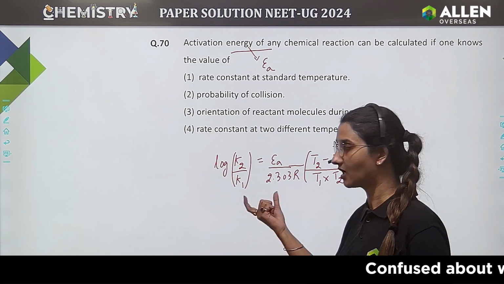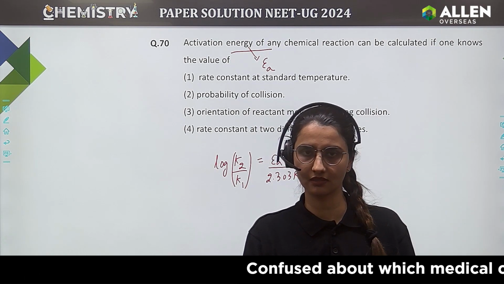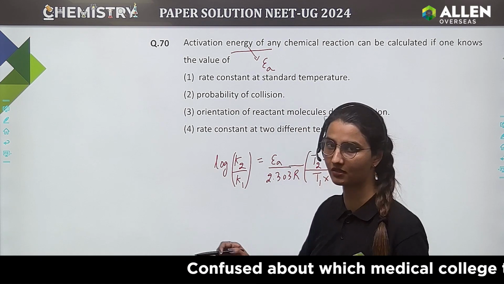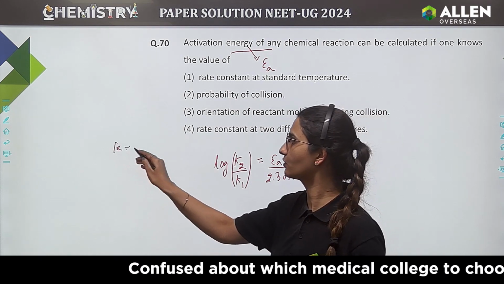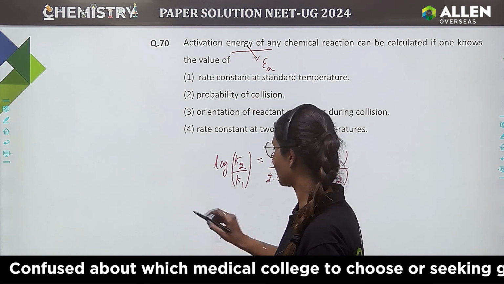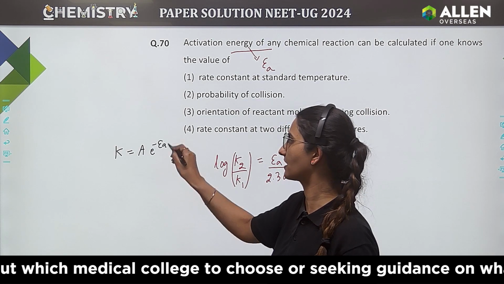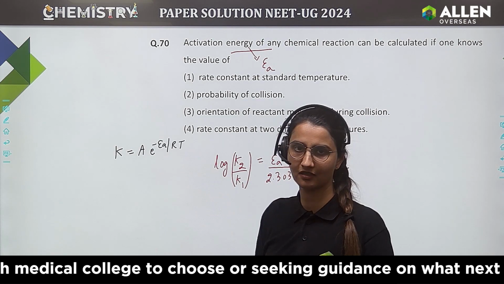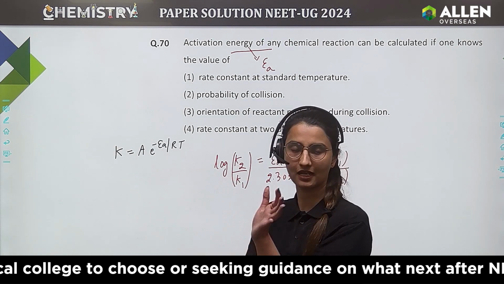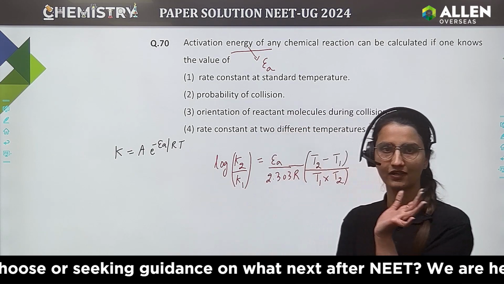This formula comes by integrating your Arrhenius equation. What is the Arrhenius equation? K is equal to A e raised to the power minus Ea by RT. When you write expressions at 2 different temperatures and we integrate it, we arrive at this, right?